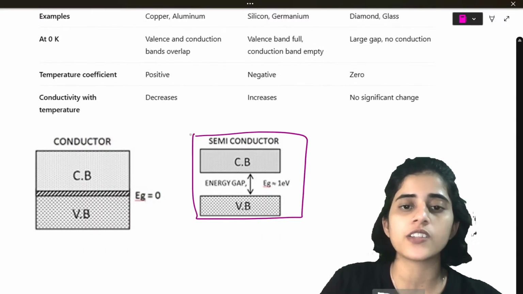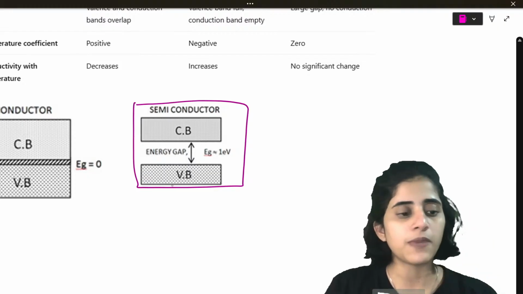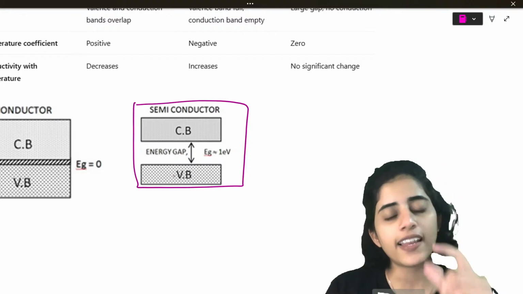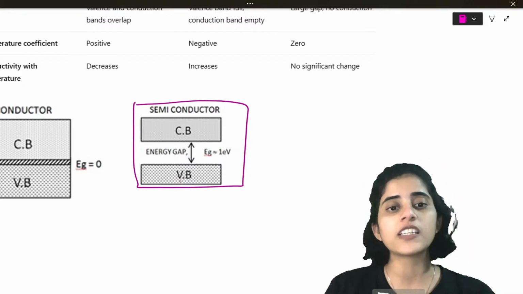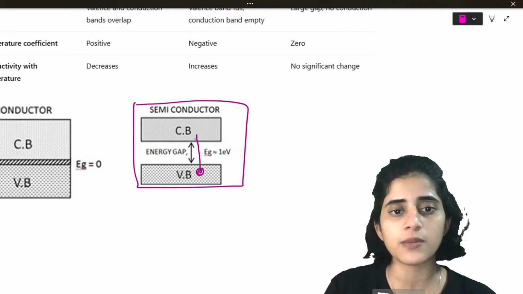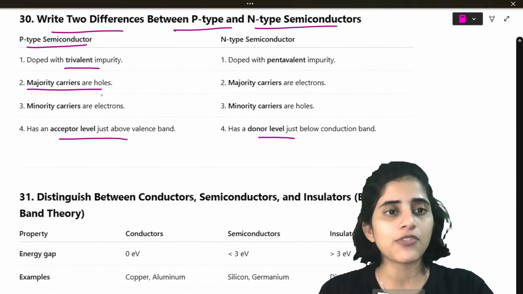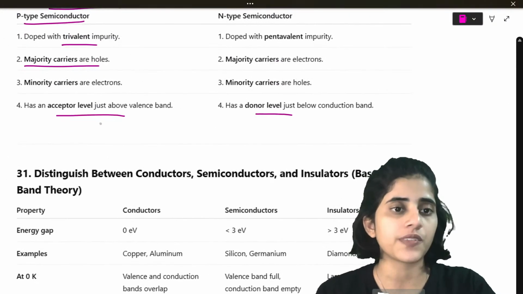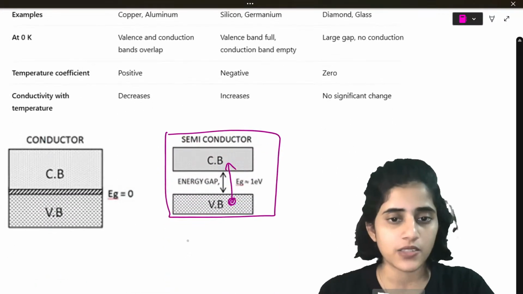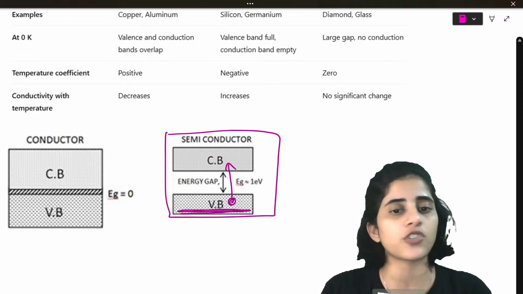You can see this is the energy band diagram of a semiconductor. There's a valence band and then there is a conduction band. Electrons always move from the valence band to the conduction band. If it's a p-type semiconductor, they have an acceptor level just below the valence band, which means they do not have a lot of electrons to move.